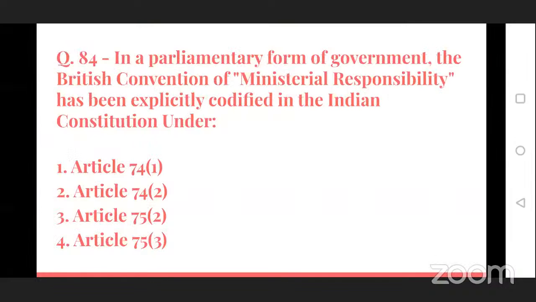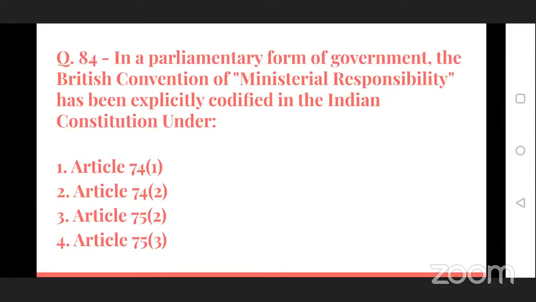Now question 84, the first question for this unit: in a parliamentary form of government, the British Convention of Ministerial Responsibility has been explicitly codified in the Indian Constitution under Article 74(1), 74(2), Article 75(2), or Article 75(3).